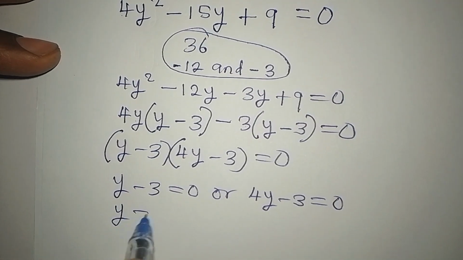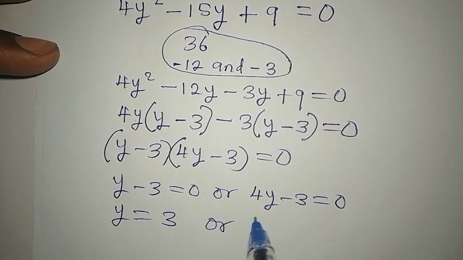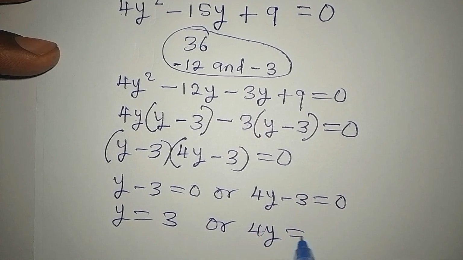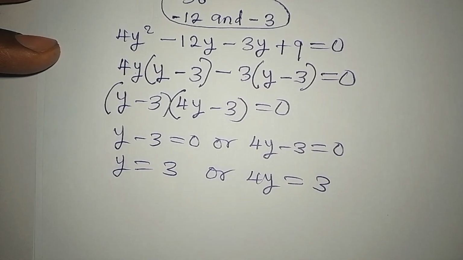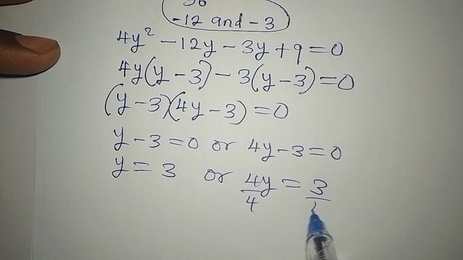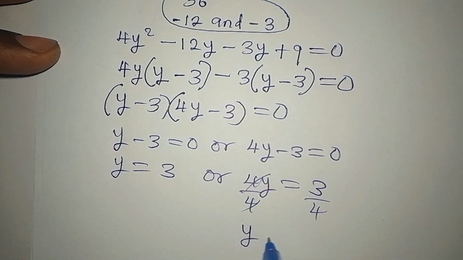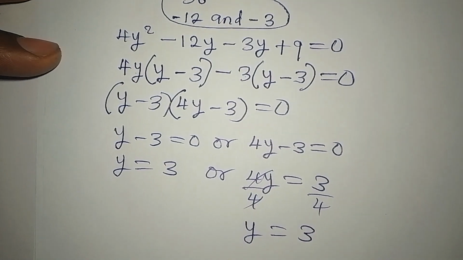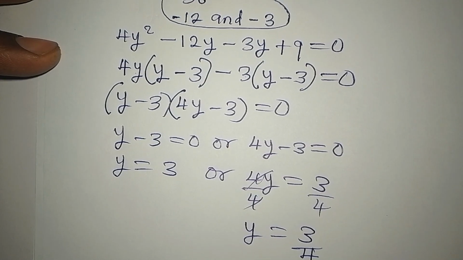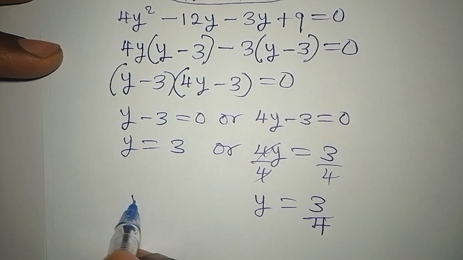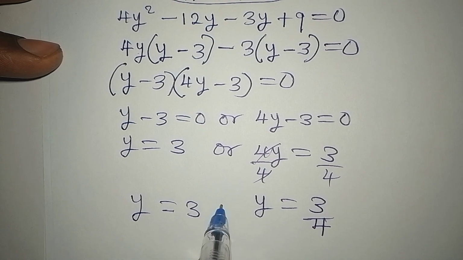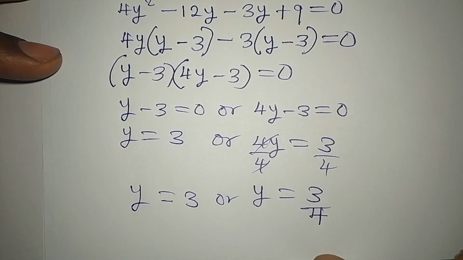From here, y is equal to 3, or here 4y equals 3. Now divide by 4, divide by 4. This goes, y is equal to 3 over 4, right? And then from here, y is equal to 3. So we are good to go.